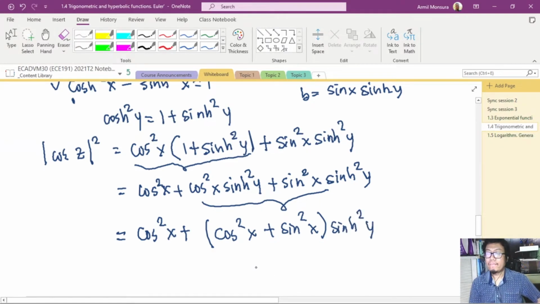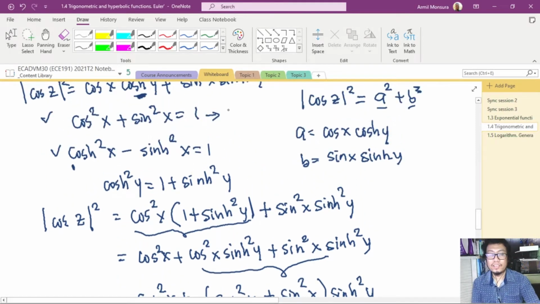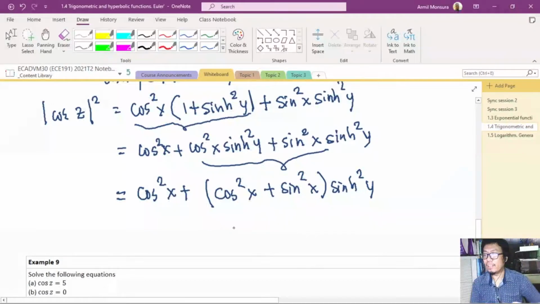Now, notice that cosine square x plus sine square x was established here, and we know for a fact, using the Pythagorean identity, that this is equal to 1.